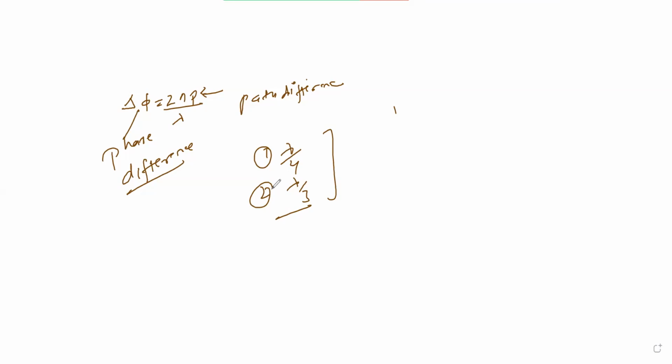Full stop. Find the intensity at a point where the path difference is lambda over 4, the first part. And the second is we have to calculate the intensity where the path difference is lambda over 3.